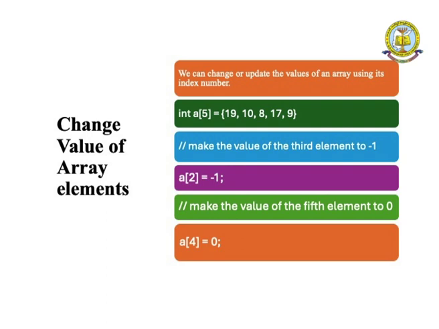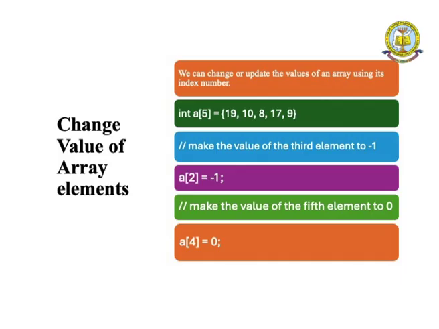It can be done by using its index number. The first index number is 0, the second index number is 1 and the third index number is 2. So that is why I can change the third element to -1 by using its index number 2. Example: a is the array name, a[2] = -1.